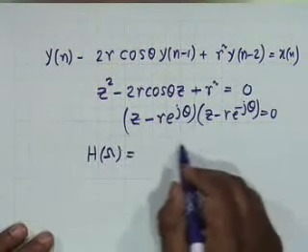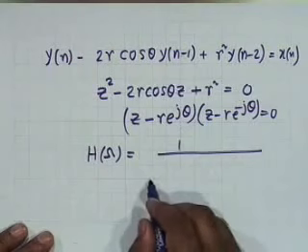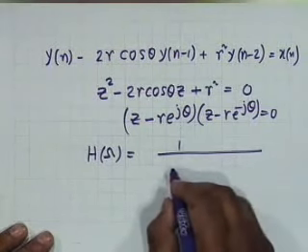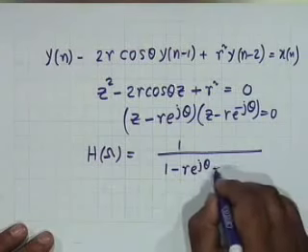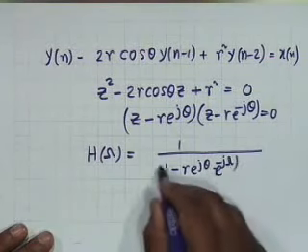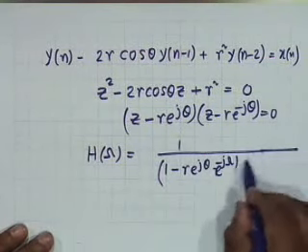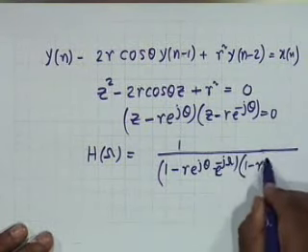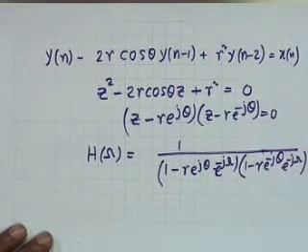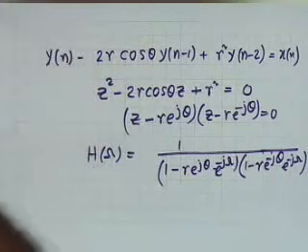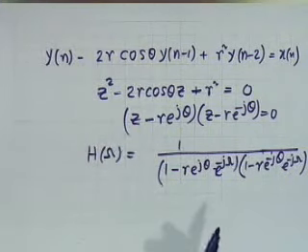That is, h of omega shall be 1 by 1 minus r e to the j theta e to the minus j omega times 1 minus r e to the minus j theta e to the minus j omega. I hope I am right. Is it okay?